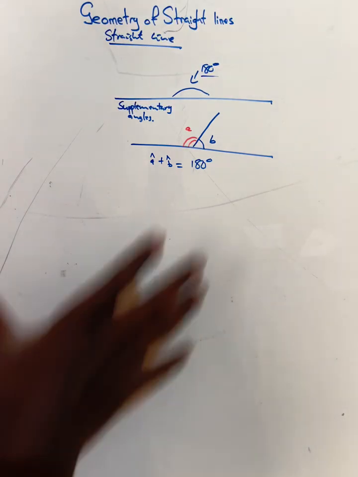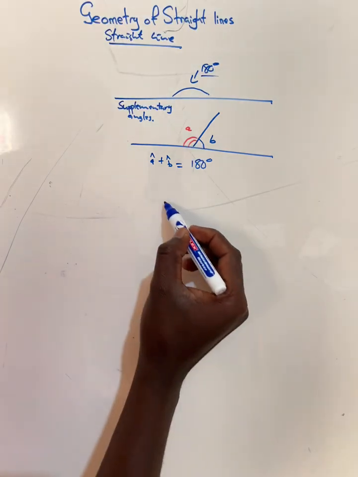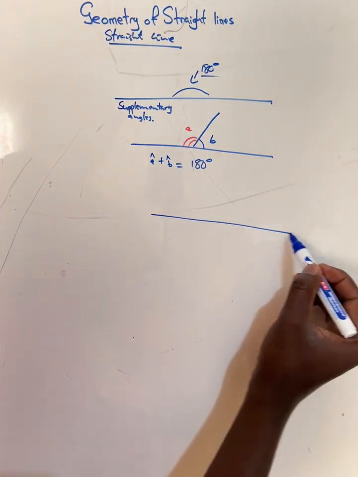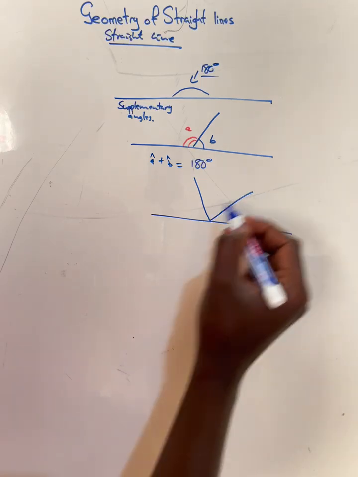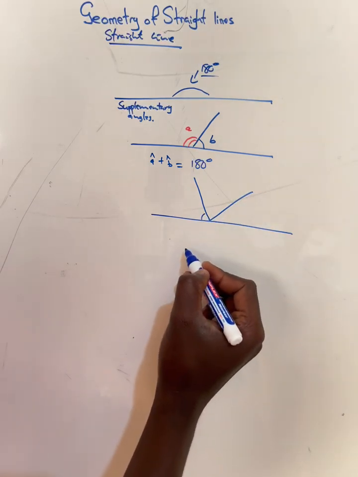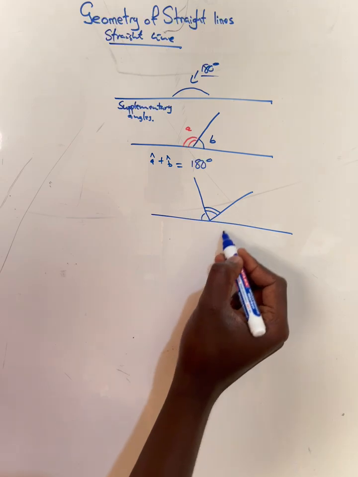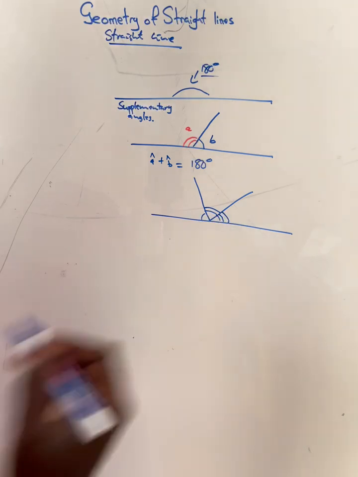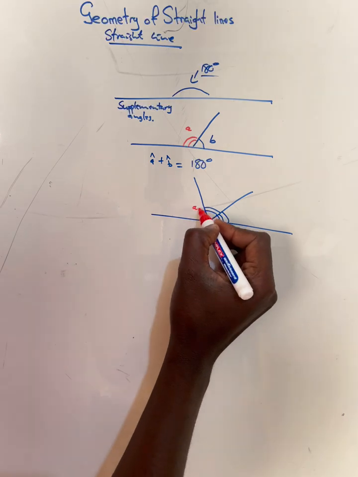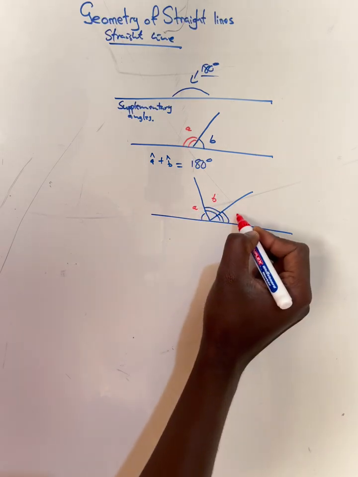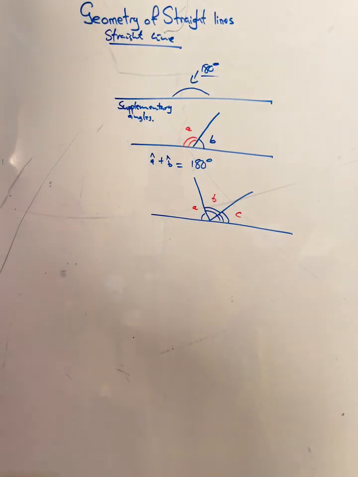Then, from there, a straight line can be divided into three different parts, like this. Part 1, part 2, and part 3. So what we have now here, this is angle A, this is angle B, angle C, right?